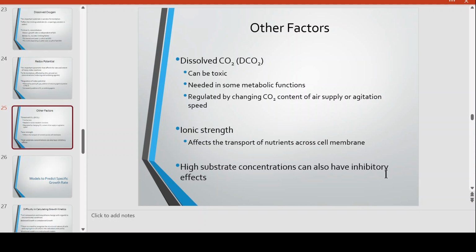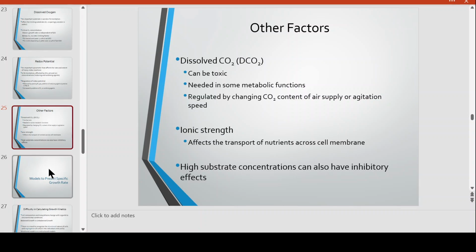In fact, if you read about production of secondary metabolites, you would notice that, for example, in penicillin, there must be a limit in the amount of phosphates. The phosphate must be limiting in order to properly produce a high amount of penicillin. So there are some cases like that where we need to intentionally limit some substrates or micronutrients in order to achieve the highest possible yield that we want to have.